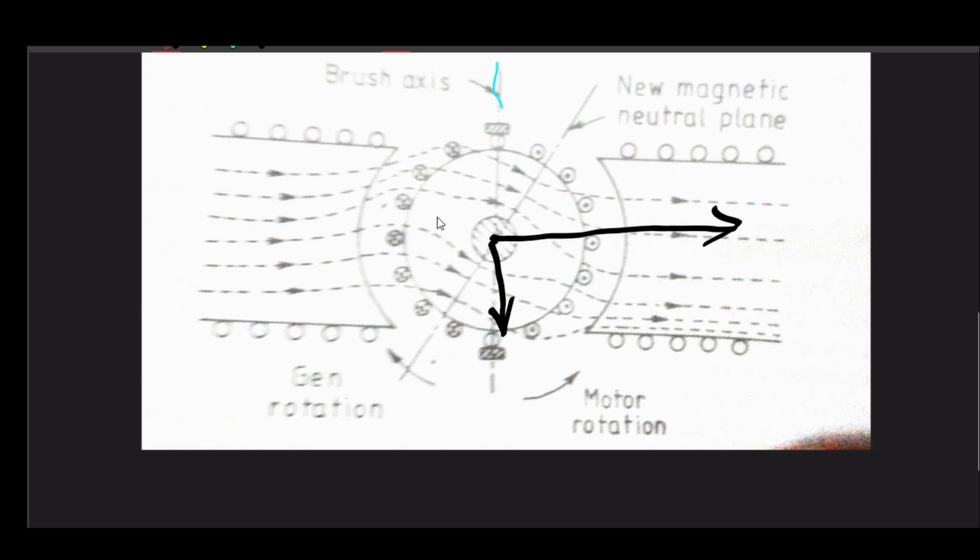Now if this is your field and this is your armature, what is the resultant? You can find out using the parallelogram law.